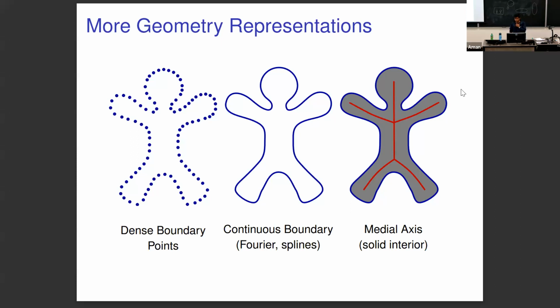Okay. Similarly, we also have another geometric representation where instead of the continuous boundary of the object, you have a medial axis, which represents the orientation or the position of the body. Like in the human key point detection problem that we discussed, you don't segment the body out completely.